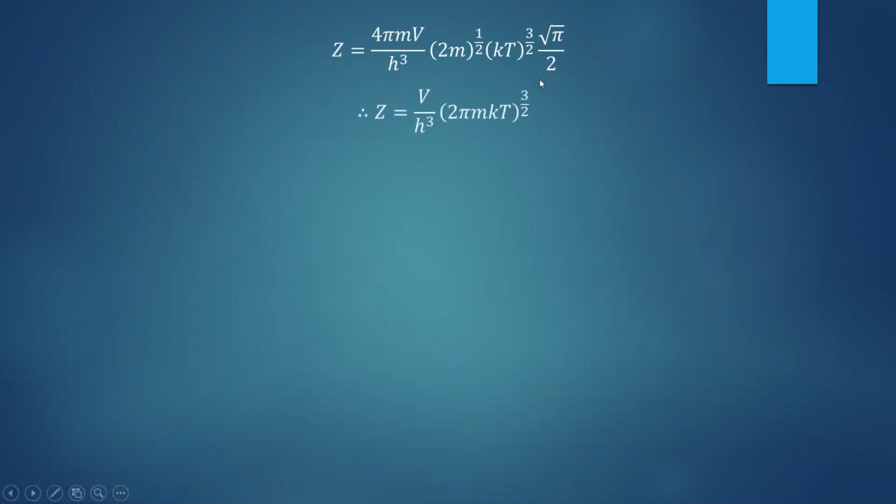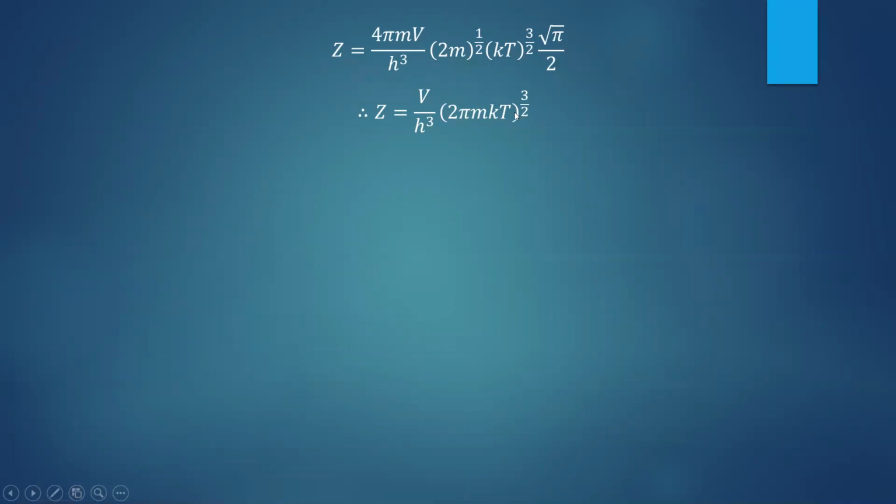And then on rearrangement, you will get z is equal to v by h cube, into pi into root of pi, which is pi to the power 3 by 2. Kt to the power 3 by 2 is there as it is. And 2 to the power half, m to the power half into m will be m to the power 3 by 2.